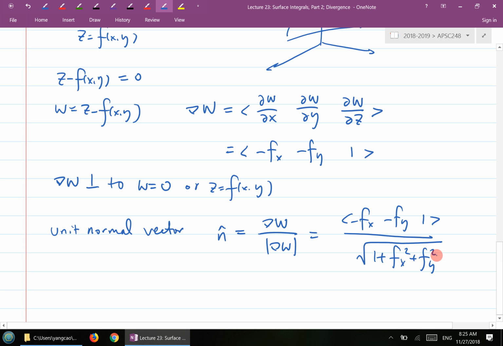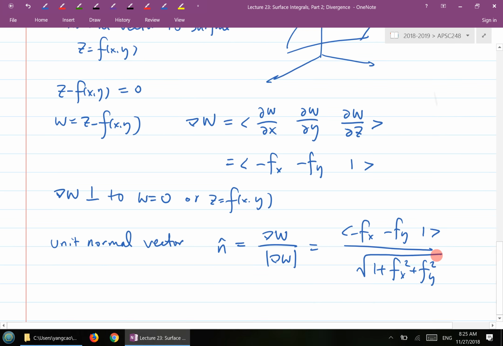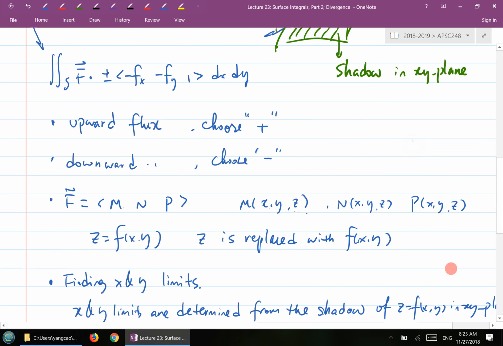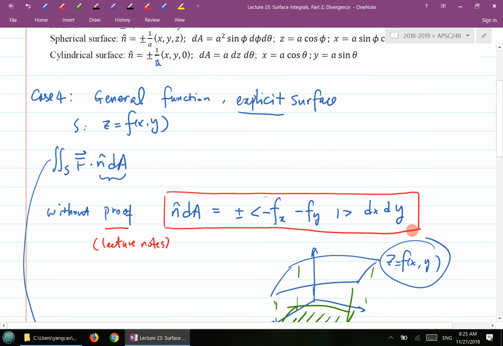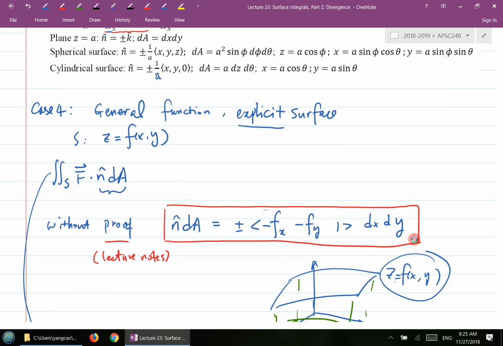Is that good? So getting back to the formula for this general surface integral, this is the surface integral for this surface z equal to f(x,y). Remember, at the beginning I said I'm not presenting you specifically n hat dA. For this part of the formula, you can simply remember it as a combined n hat dA, which is this one here.